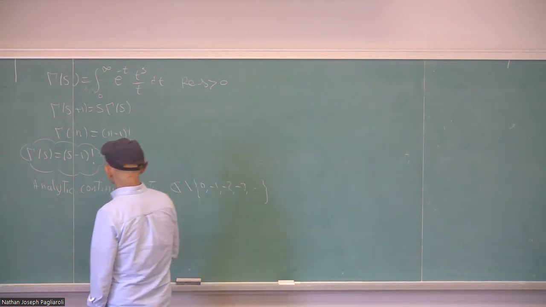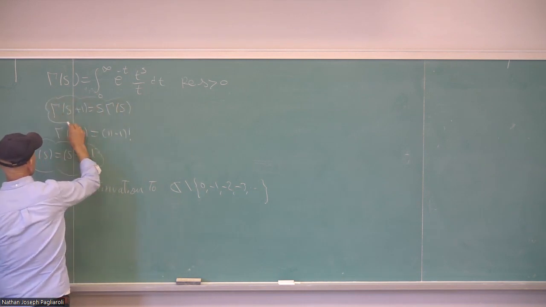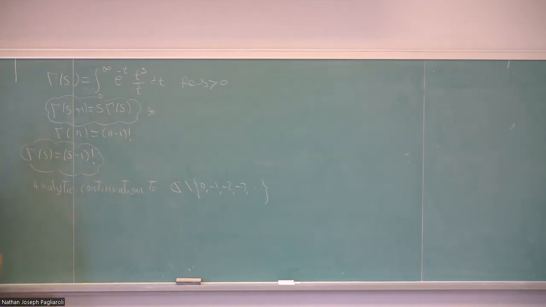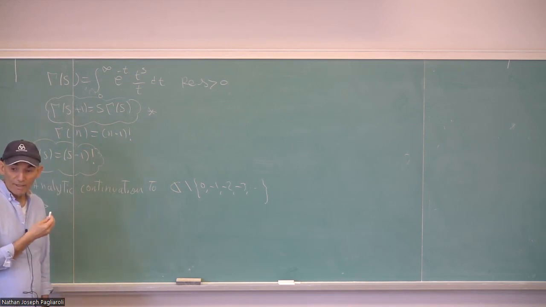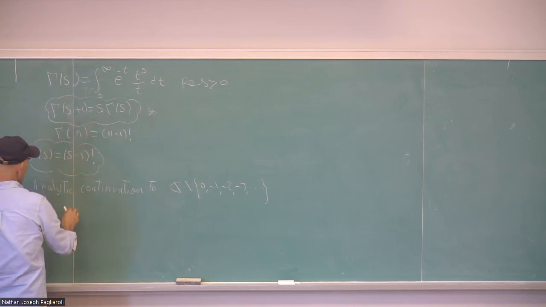So how we're going to do that, where the thing is here. I mean, this is like our savior, because this relation star implies that I can define gamma for real part of s bigger than minus 1 by this relation.